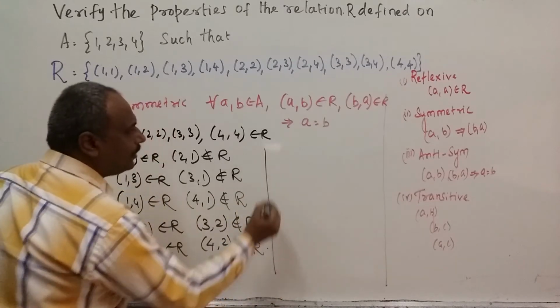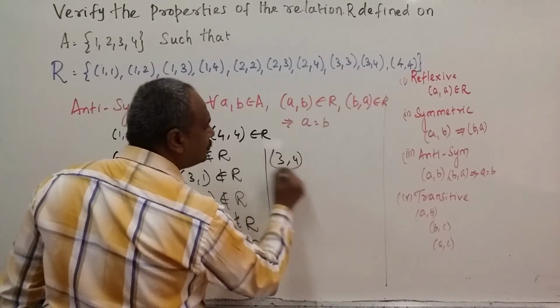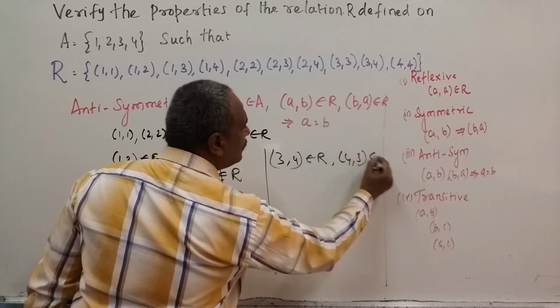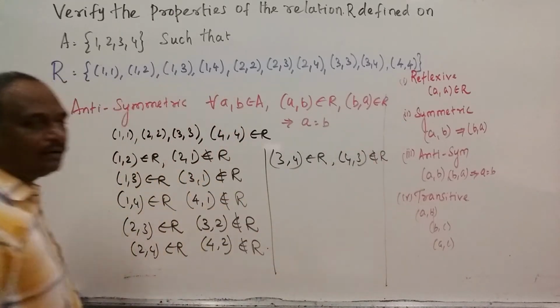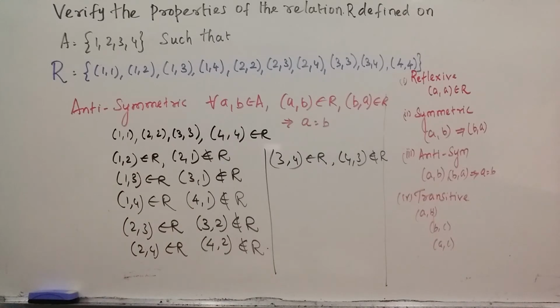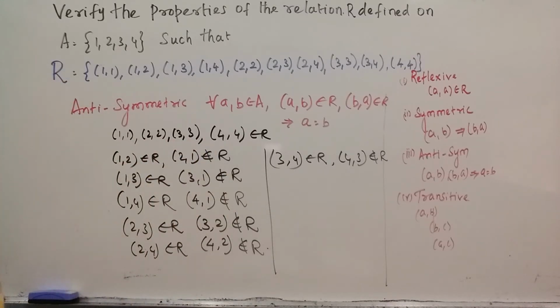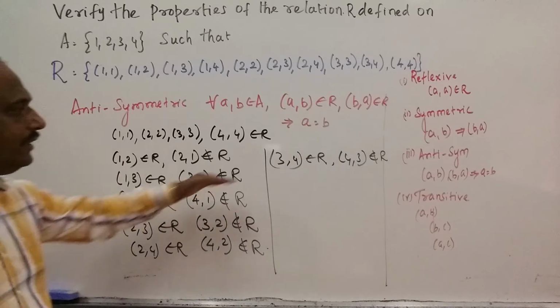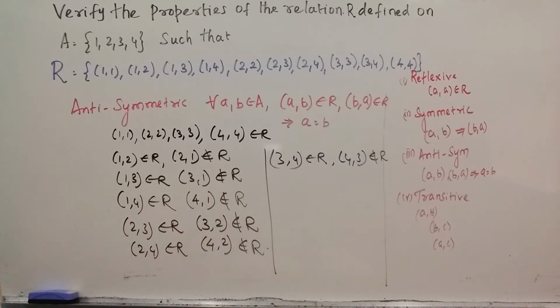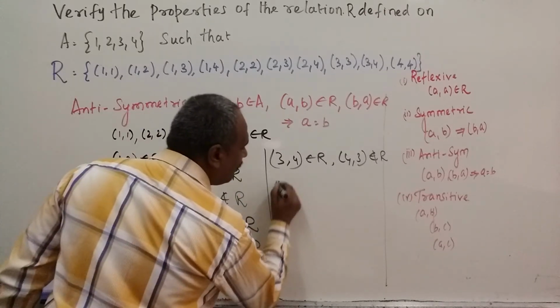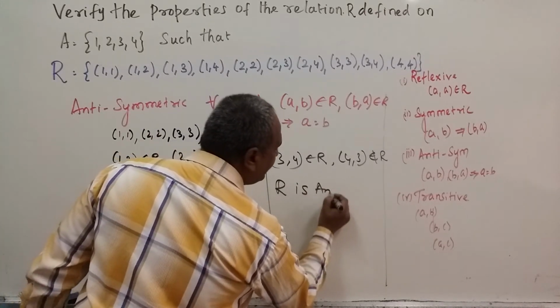The last term, I am going to take (3, 4) belongs to R. I am going to check (4, 3), does not belong to R. So in this case, when we are checking for the symmetry, we found that other than the reflexive elements, the symmetry is not existing. So this is called R is anti-symmetric.